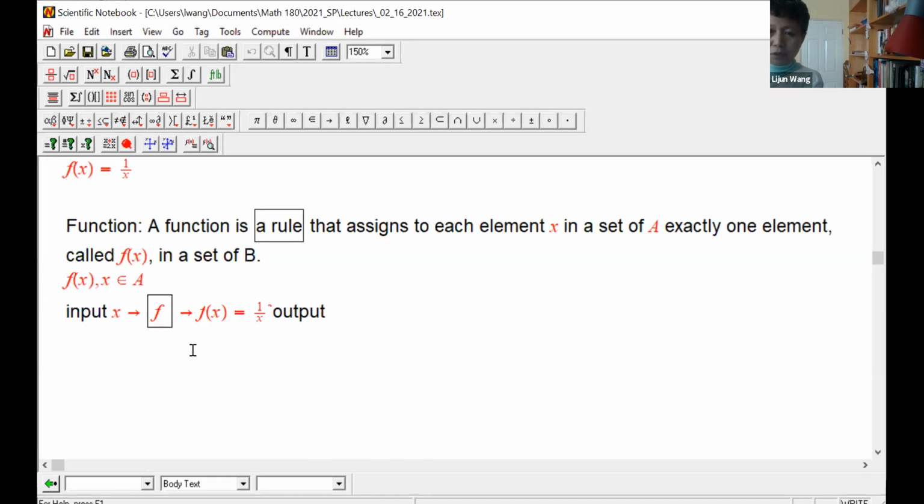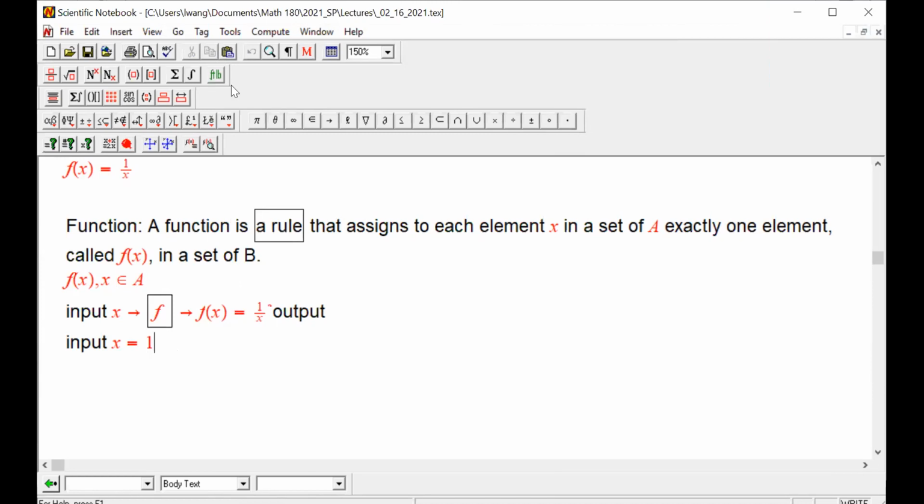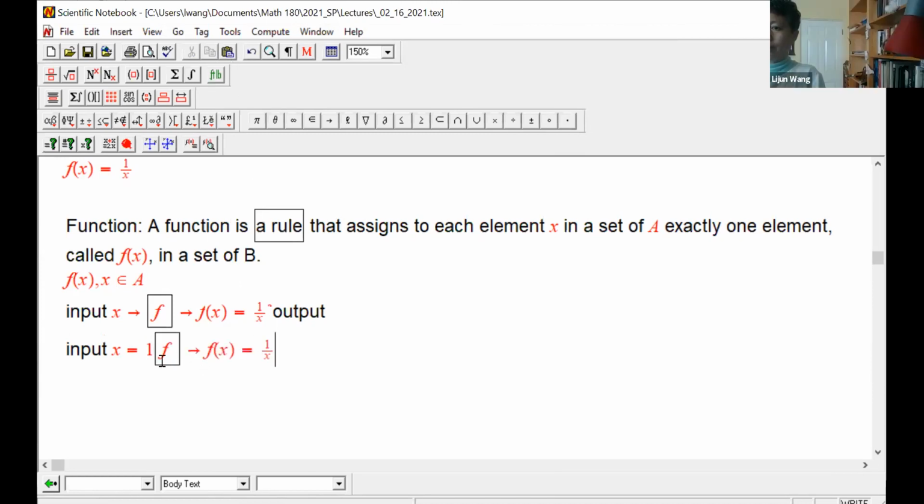Right? So let's practice with this. Suppose I give you input 1. Input x equals 1 goes through this machine, what do I get? I get 1 over 1, and of course it's 1. You're absolutely right. So f of 1 is 1 over 1, and that's equal to 1. You see how that rule works?